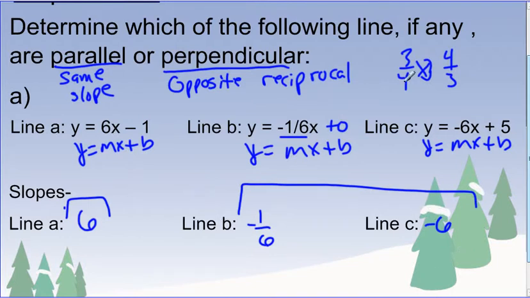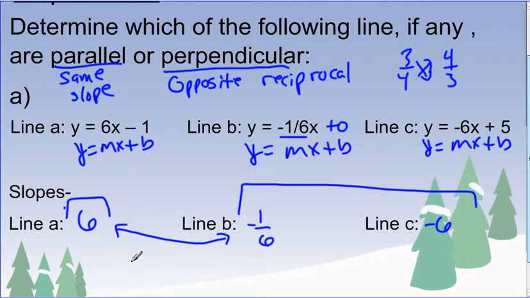The reciprocal is the upside down flip. So if you took this as a fraction and flipped it upside down, you would get 1/6. So this slope here and this slope here are opposite reciprocals. They have different signs, positive, negative, and they're reciprocals of each other.